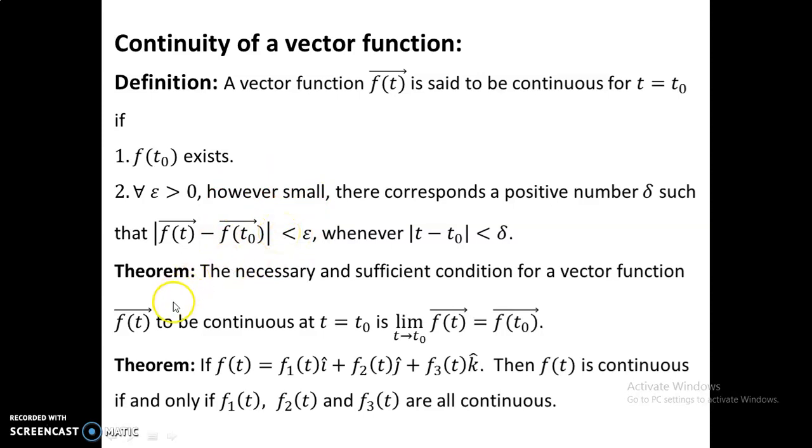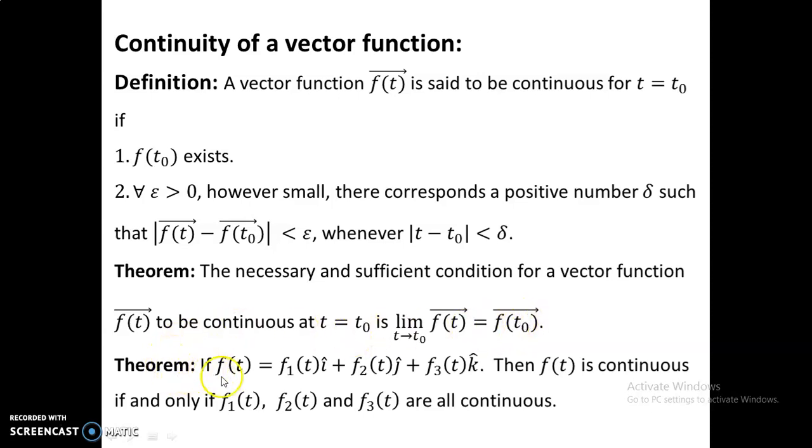We also have two properties of the continuity of a vector function. One property: the necessary and sufficient condition for a vector function f of t to be continuous at t equal to t naught is that the limit of the vector function at t equal to t naught is equal to f of t naught.